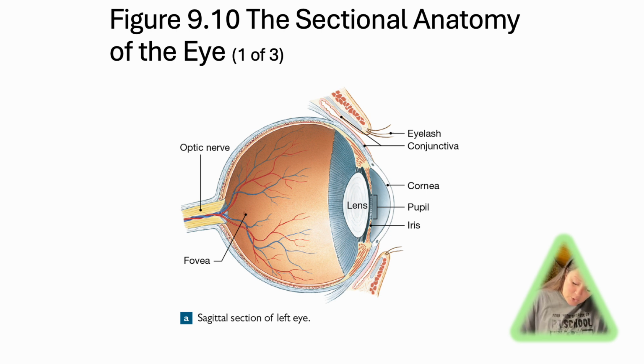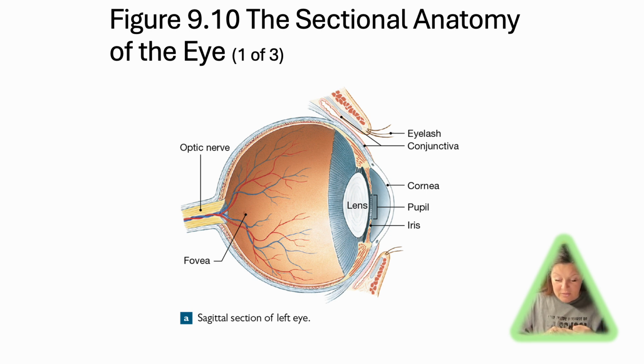And that aqueous humor is very important because it's going to circulate nutrients around the anterior chamber of the eyeball. We talked about the choroid on the posterior side, the ciliary body on the anterior side, and the iris on the anterior side as well.